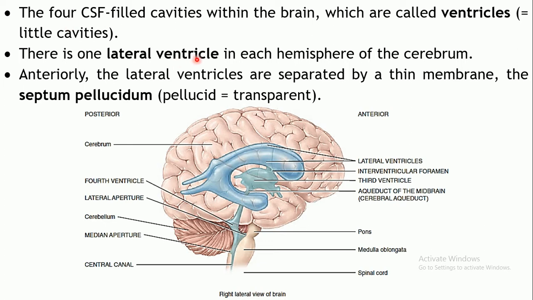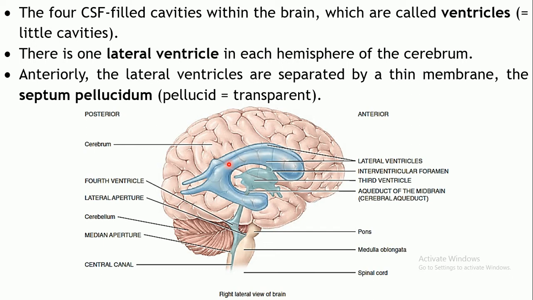Now the lateral ventricles. Lateral means sideways, something which is present at the side. Correct? So there is one lateral ventricle in each hemisphere of the cerebrum. That's the cerebrum, and it is divided into two hemispheres. So within each half of the cerebrum lies one lateral ventricle.